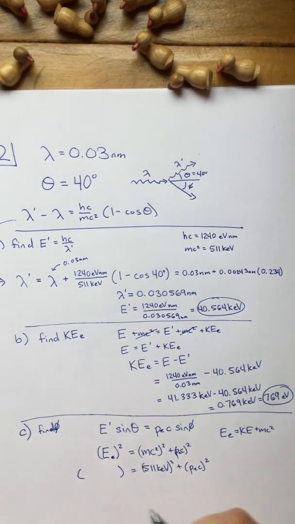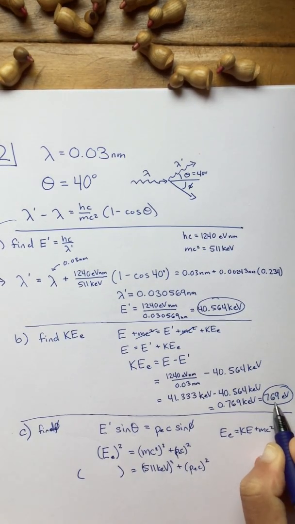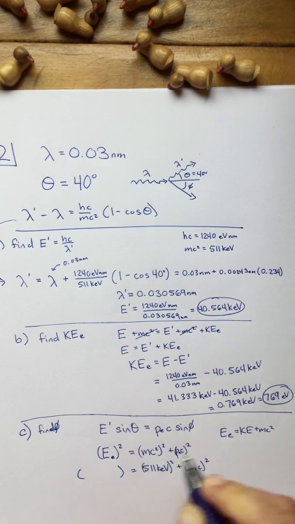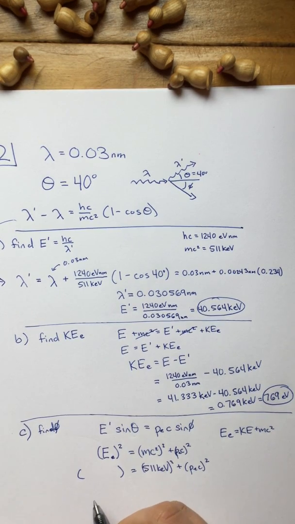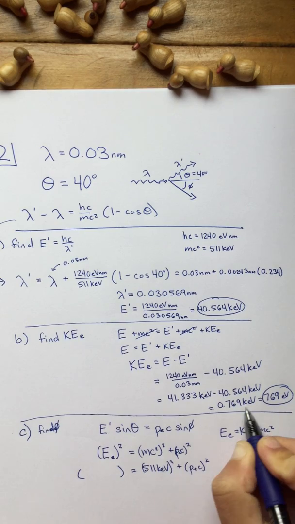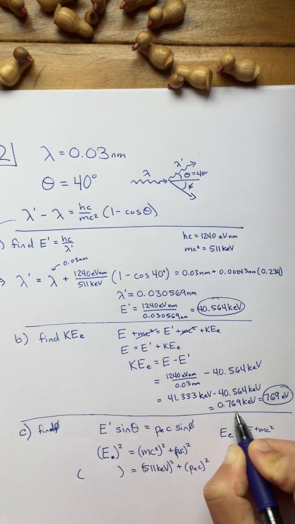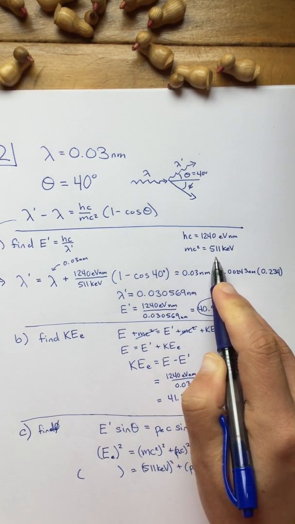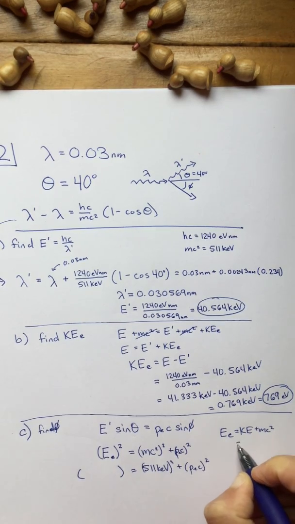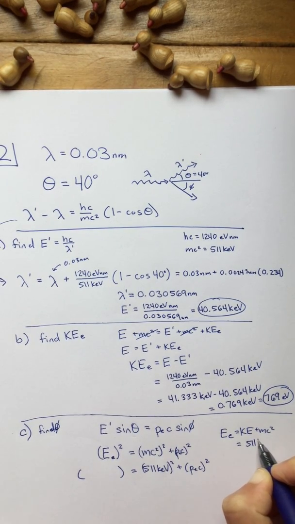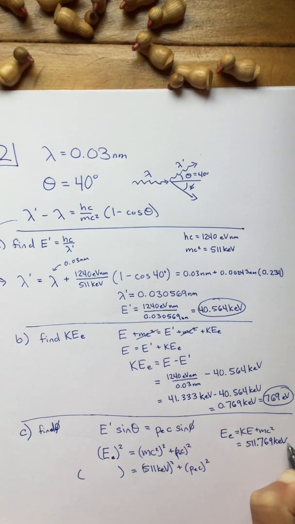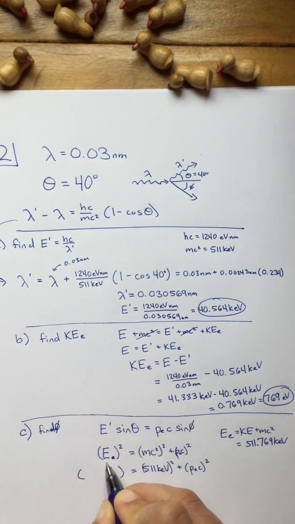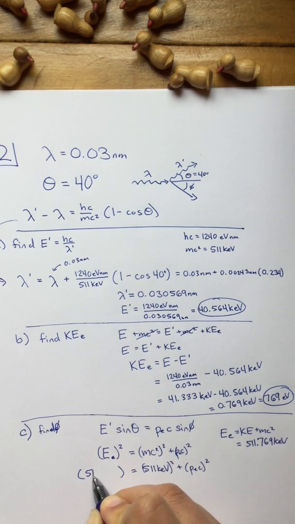So I have my kinetic energy is 769 electron volts, and the rest energy is 511. The 769 electron volts is 0.769 kilo electron volts, and the rest energy is 511 kilo electron volts. So this would be 511.769 kilo electron volts. So that's the total energy of the electron after the collision.